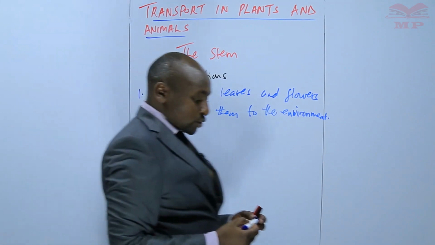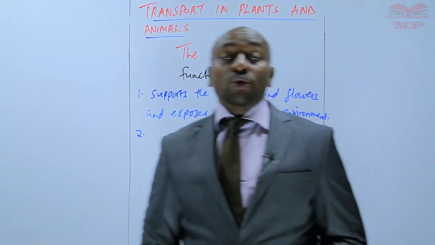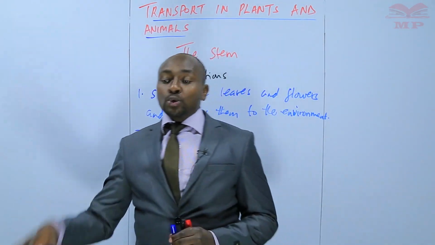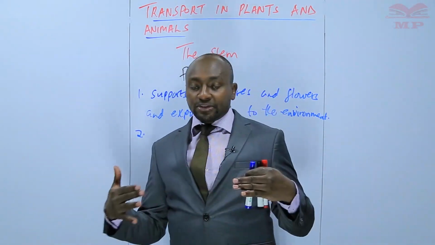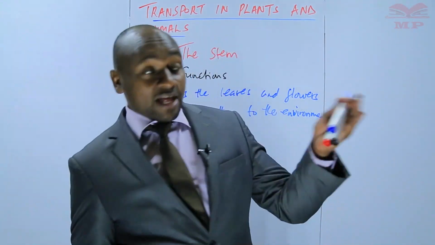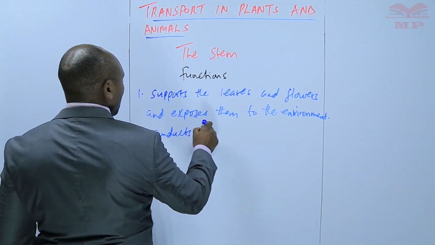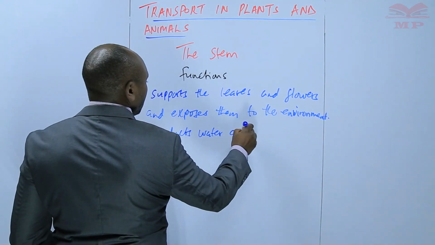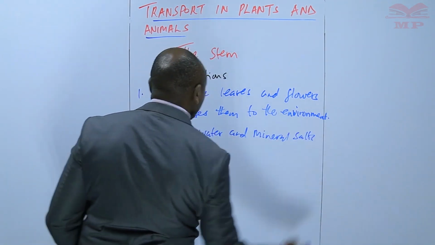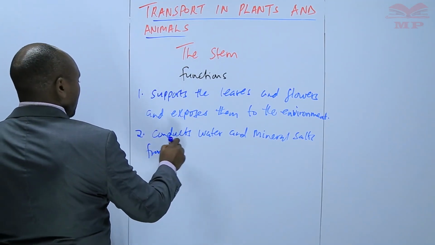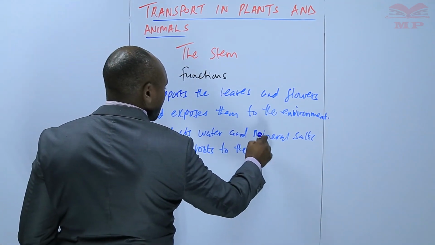Number two function of the stem is the one that conducts water and mineral salts from the roots to the leaves. So it acts as the intermediate between the roots and the leaves. So it conducts water and mineral salts from roots to the leaves.